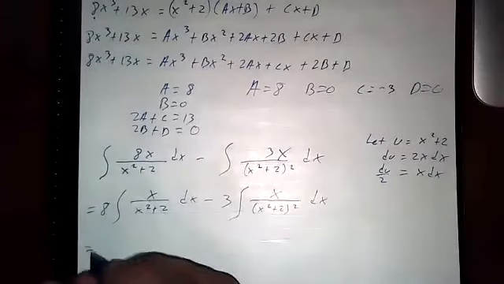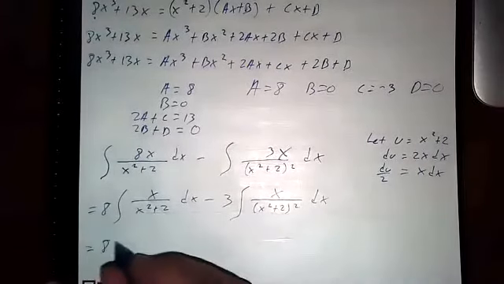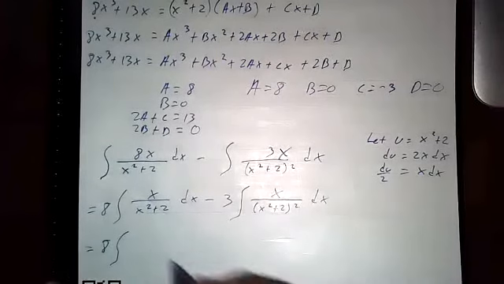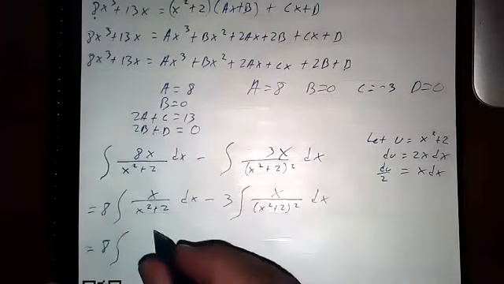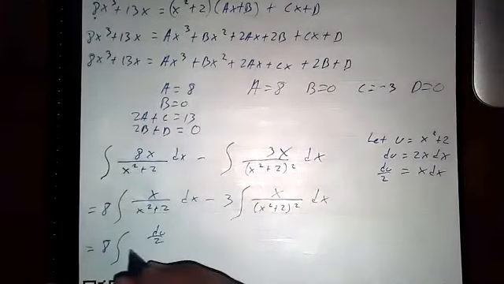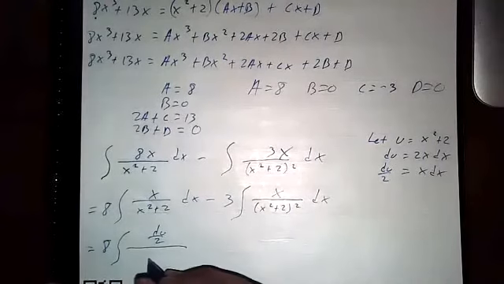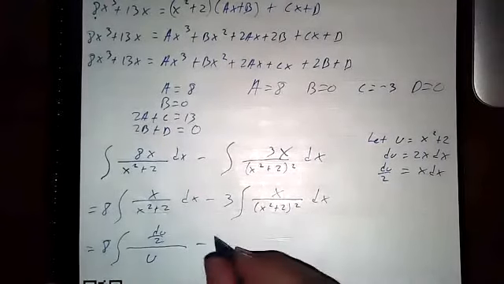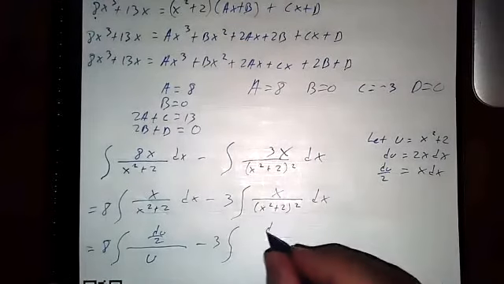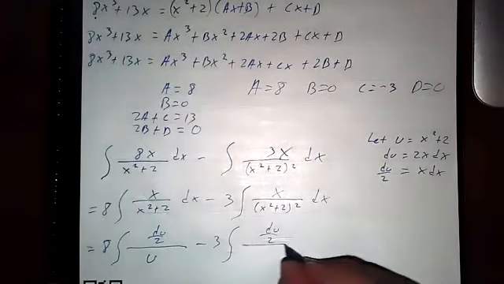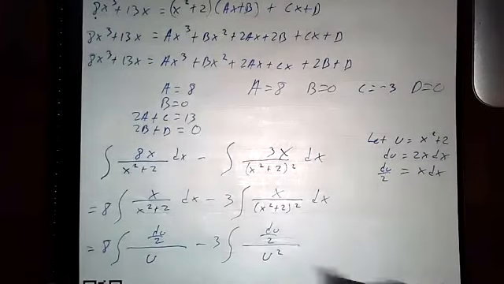Do the sub and we'd end up with the integral of 8 du over 2 over u minus 3 du over 2 over u squared.